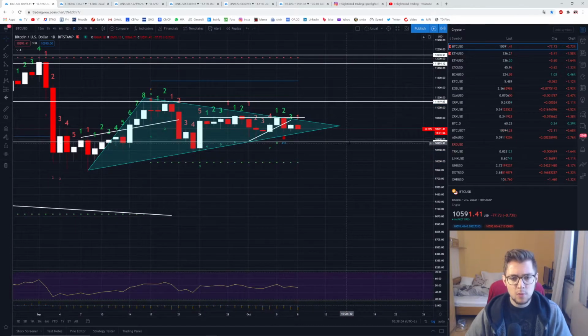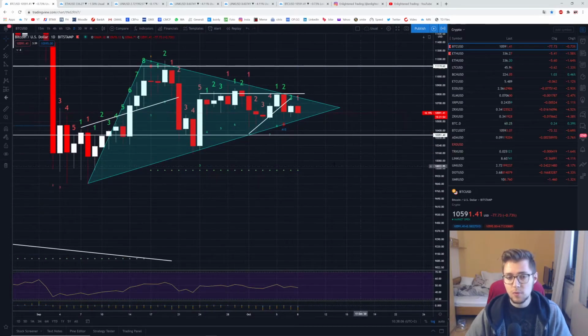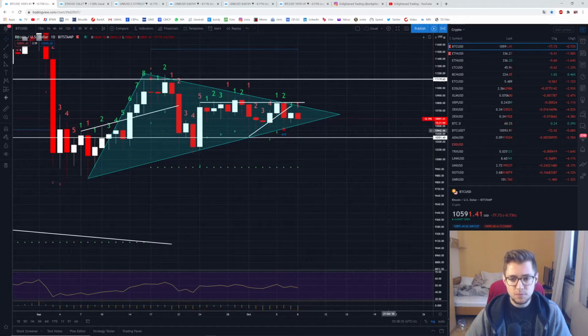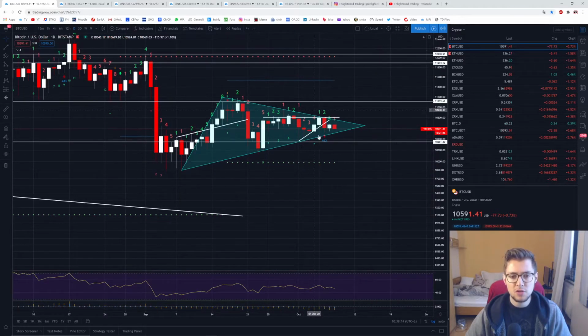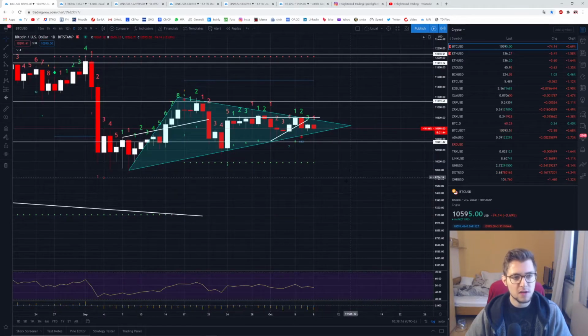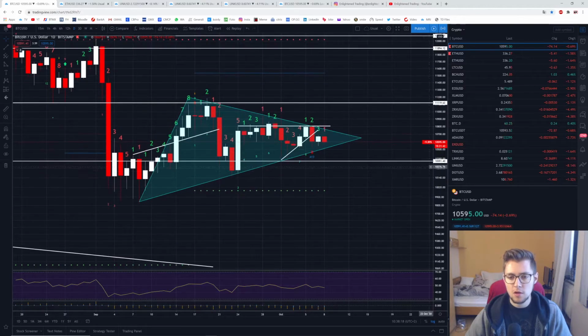And basically we have to hold here on the bottom side, we have to hold 10,350 to confirm that we still are bullish and want to move sideways for a long period of time, or we would want to break above 10,800 and 10,900 to confirm a break to the upside and a rally to 11,100.